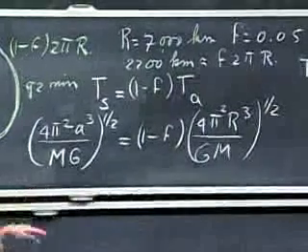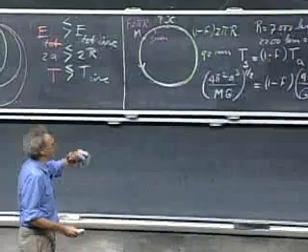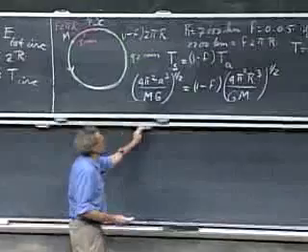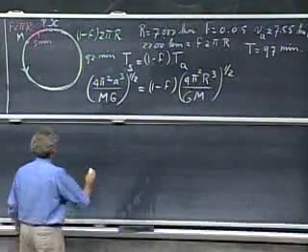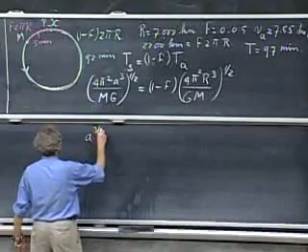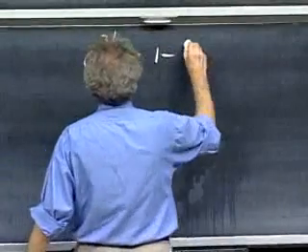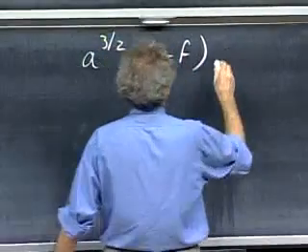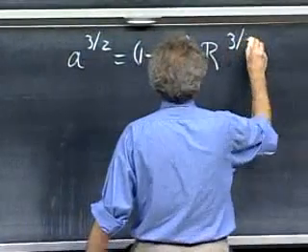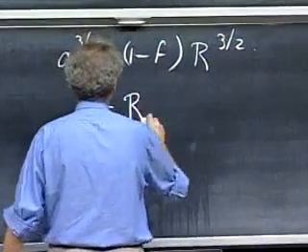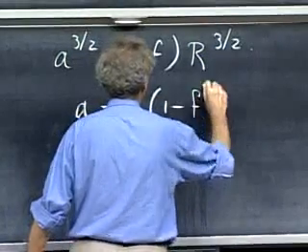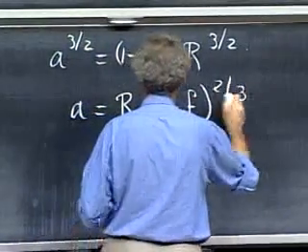Look, we lose m, we lose G, we lose 4, we lose pi. What don't we lose? Well, what we don't lose is a to the power 3/2 equals 1 minus f times r to the power 3/2. So a equals r times (1 minus f) to the power 2/3.